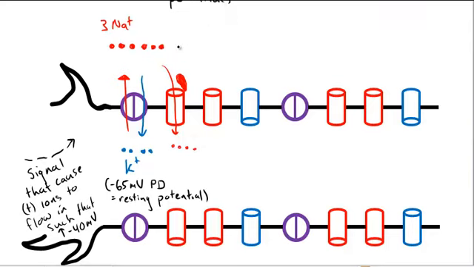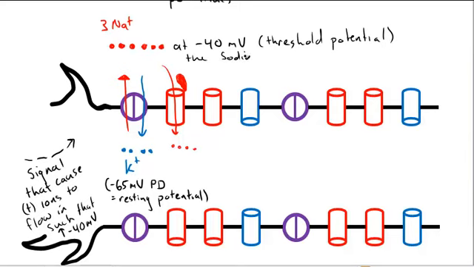So at negative 40 millivolts, that's the threshold potential. The sodium channels, which are voltage gated, open. And Na+ rushes into the neuron.